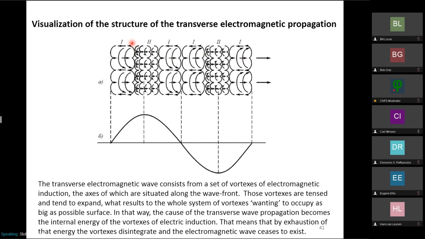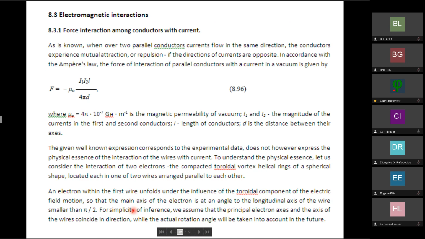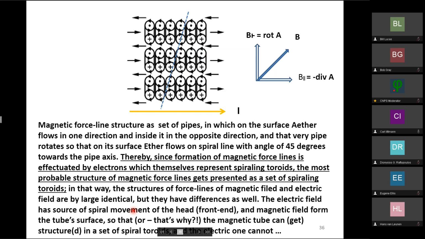This configuration of the magnetic field, or the flow around the conductor. Actually, in one of the previous slides there was a discussion that essentially there is not much difference between the electric and magnetic parts of the structure of the field around the conductor.